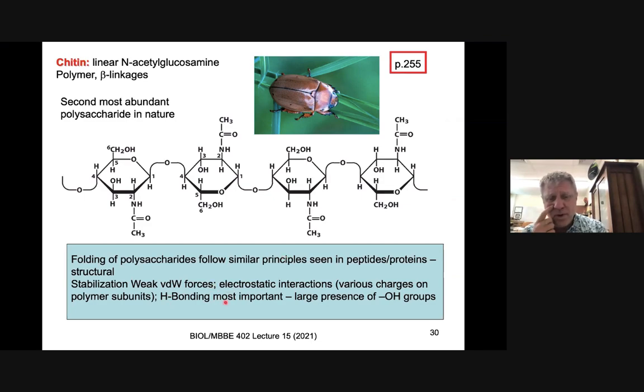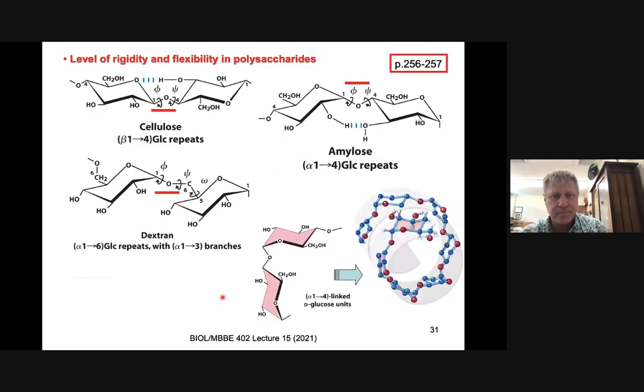But hydrogen bonding in this case is actually one of the most important and largest influences, because of the simple characteristic of the molecule having so many hydrogens and so many hydroxyl functions. So again, we have this role of water playing a particular role in stabilizing these structures.